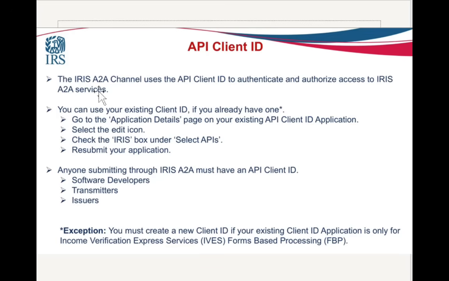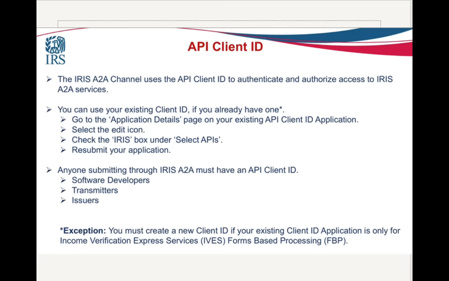This is again the client ID, like the A2A accounts. The client ID is only used for the A2A channel. It uses the API client ID to authenticate and authorize access to the A2A services, whether IRS or the MeF.